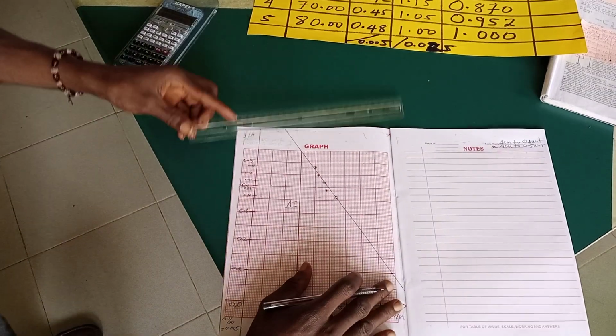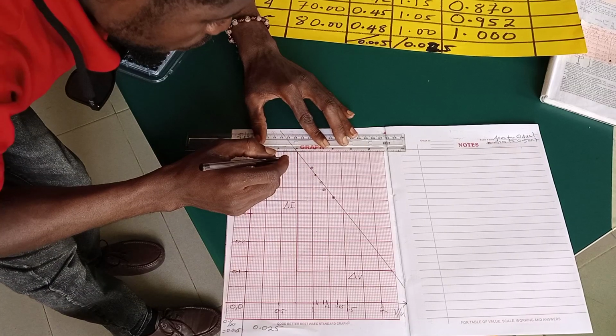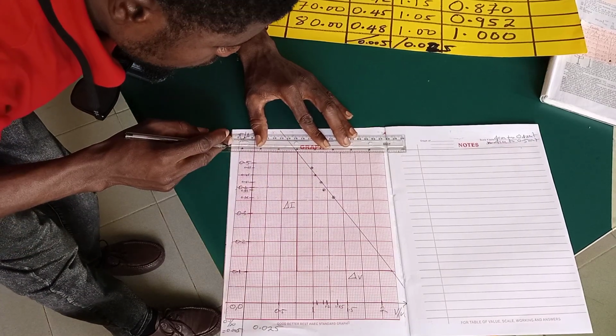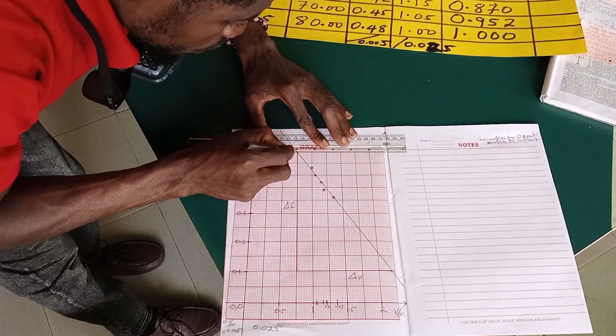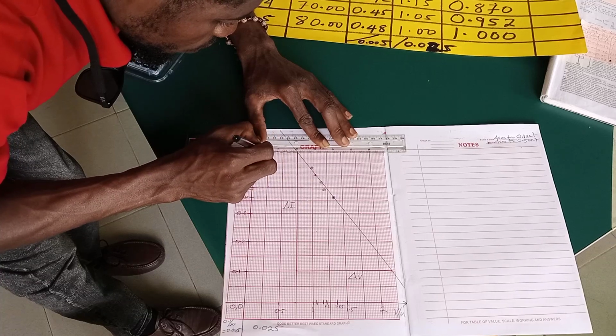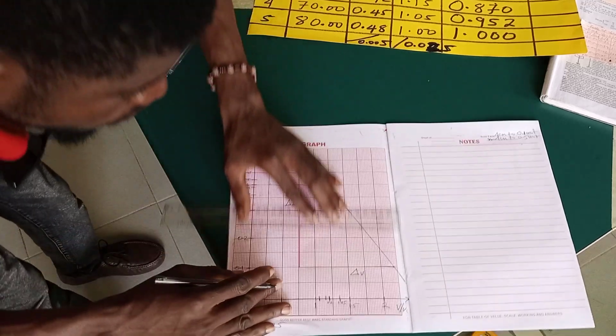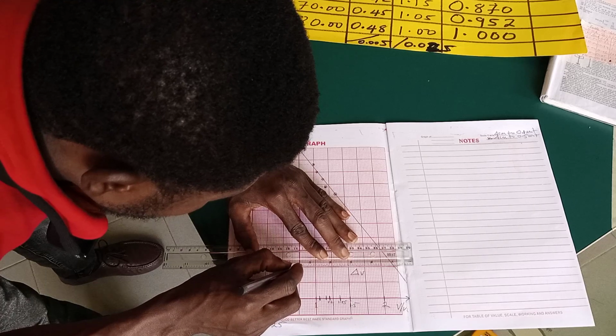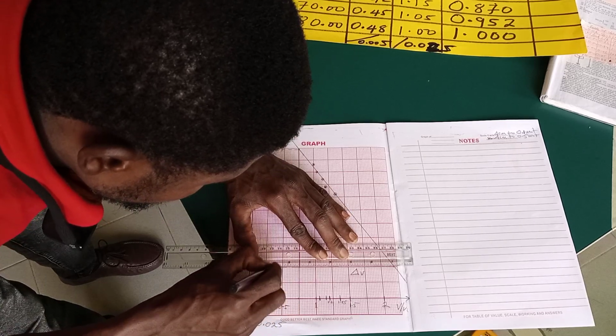So the next thing we are going to do is trace this line with dots, and then trace this one.